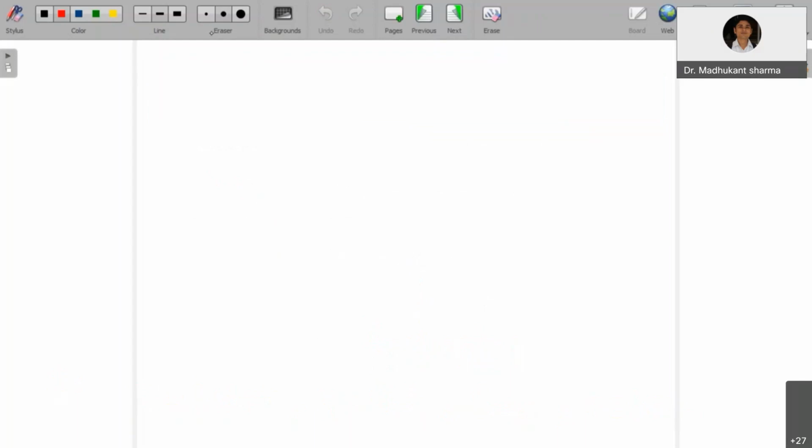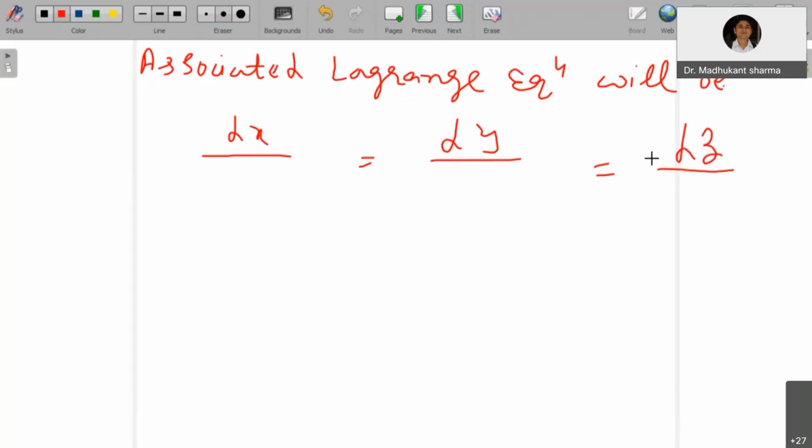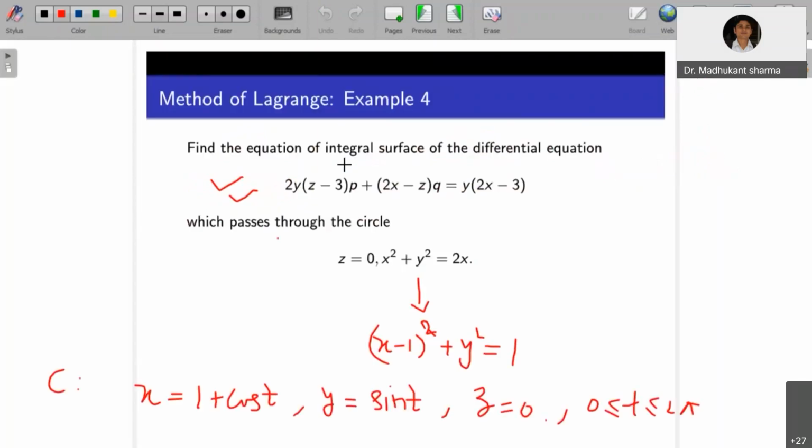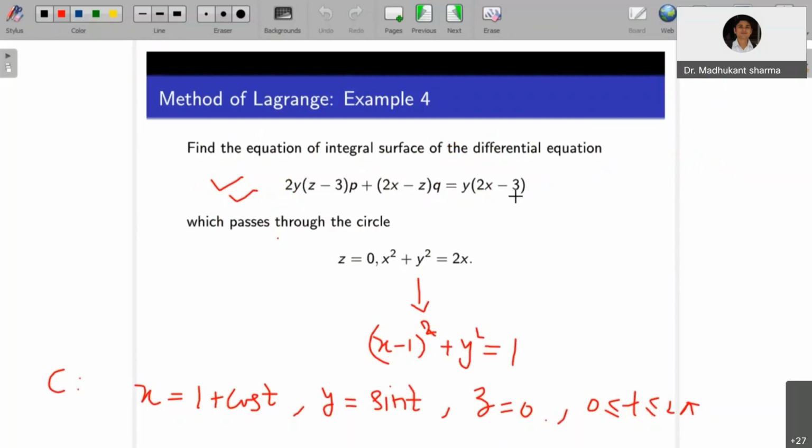I'm writing the associated equations: dx divided by the p coefficient, that's 2y times z minus 3, equals dy divided by the q coefficient, that is 2x minus z, equals dz divided by y times 2x minus 3.